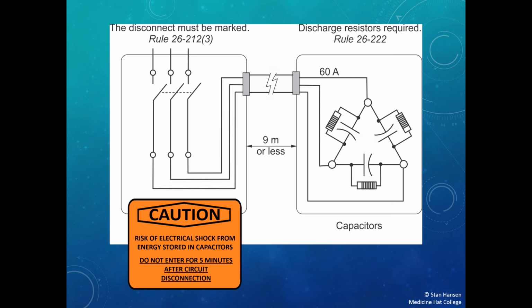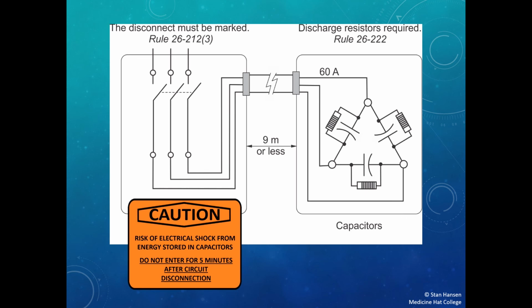Of course, you should remember by now that my disconnecting means should provide me with a discharge path that will have a 1 minute time period for anything less than 750 volts or a 5 minute time period for anything over 750 volts. So the label is going to assume the worst case scenario and make sure it mentions that we need to wait a full 5 minutes before we enter that service box.